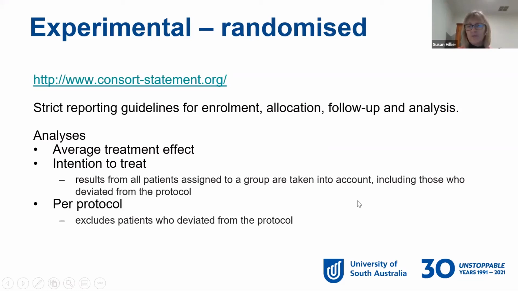The CONSORT flowchart in particular is extremely useful for you to characterise your study flow, and it's divided into 4 sections: the enrolment phase, the allocation and intervention phase, follow-up, and the analysis.